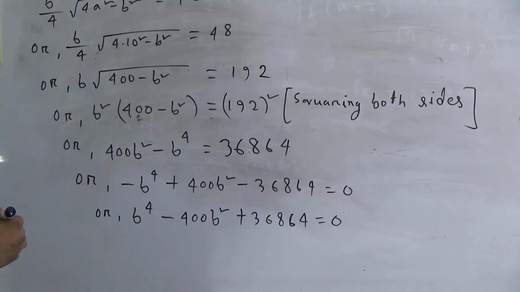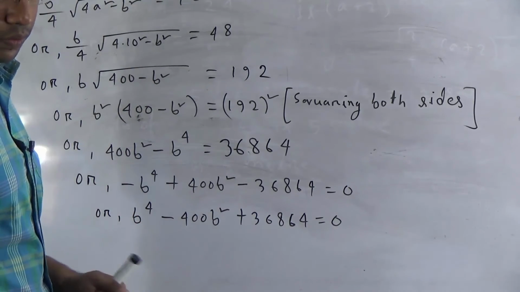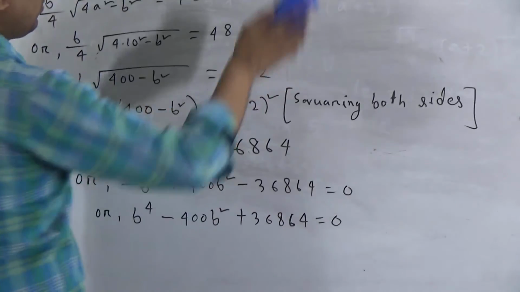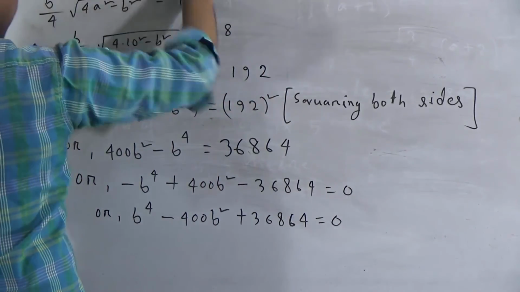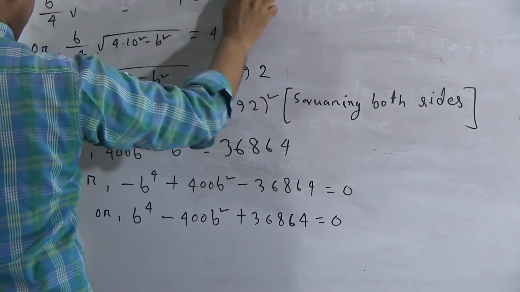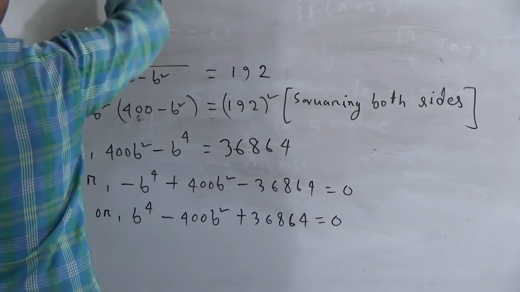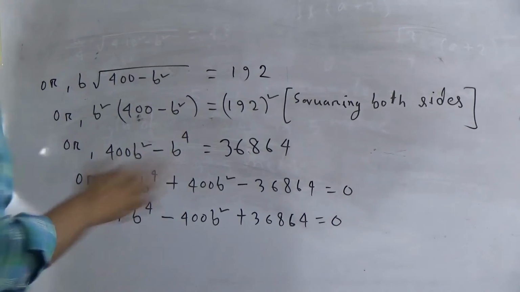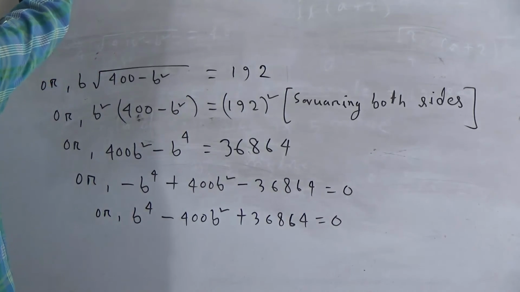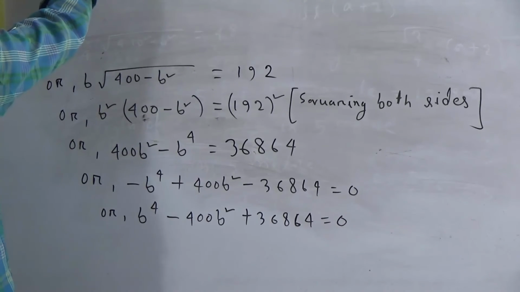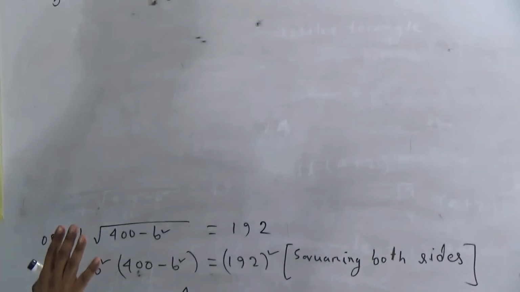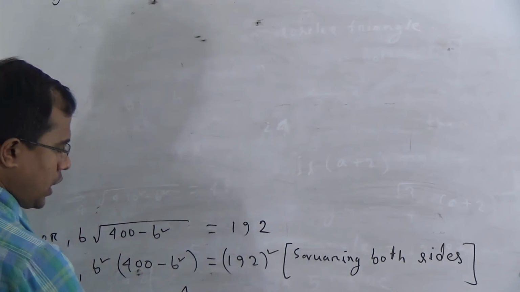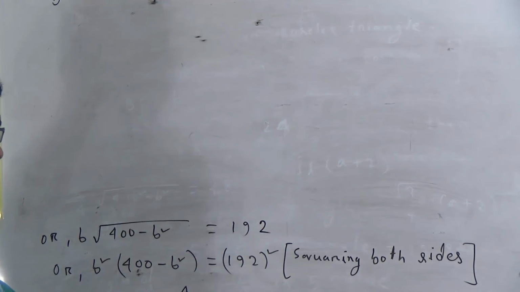Now applying middle term factor we can get here B to the power 4 minus, if we multiply 256 by 144 then we can get it, and 256 plus 144 is equal to 400.